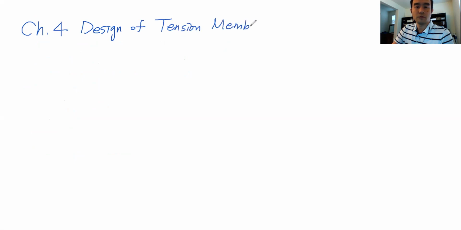Okay, so let's start with chapter 4. Chapter 4 is the design of tension members. In chapter 3, and from the previous test, we talked about how we can analyze tension members.